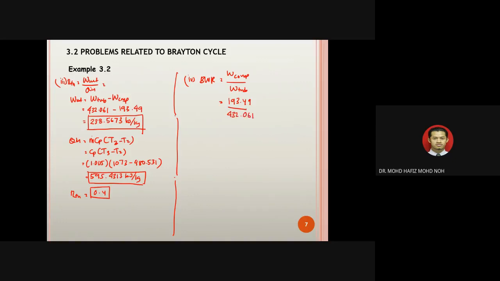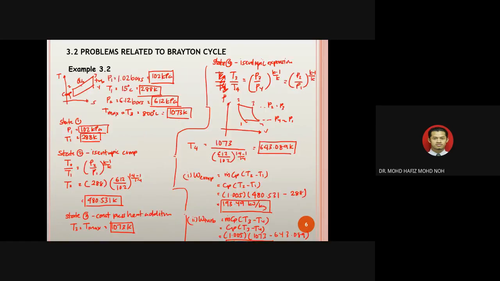Then you get the value of back work ratio equal to 0.447. Okay, so we can check the values.